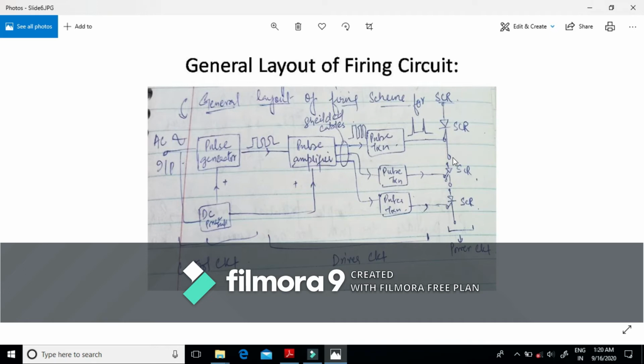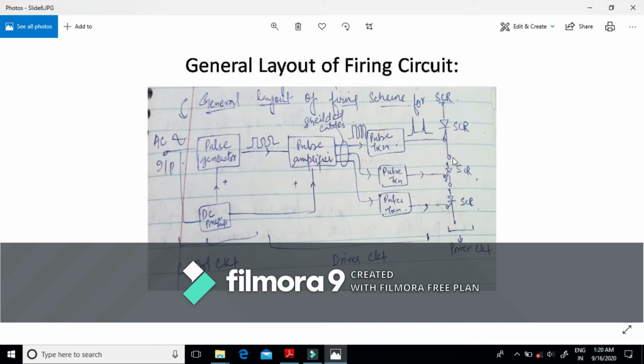Which means that, for example, in case of a single phase semi-converter which consists of two SCRs, the triggering circuit must produce one firing pulse in each half cycle.